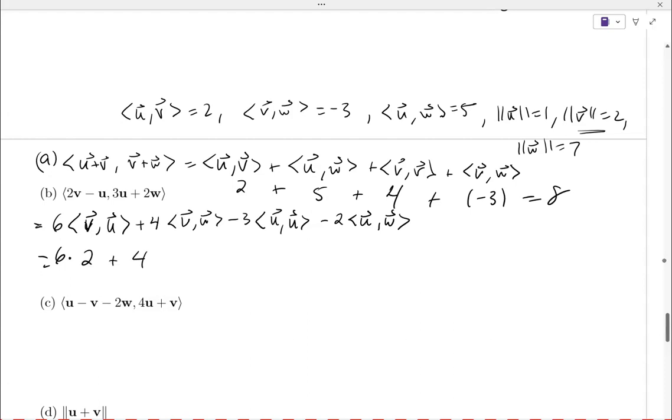V inner product with w is -3. The inner product of u with itself here is 1. I'm going to write it as 1 squared just to emphasize again that that's the square of the norm. And then the last one, u dotted with w, is 5. 12 minus 12 is 0, minus 3 minus 10 gives me -13, if I did the arithmetic right.